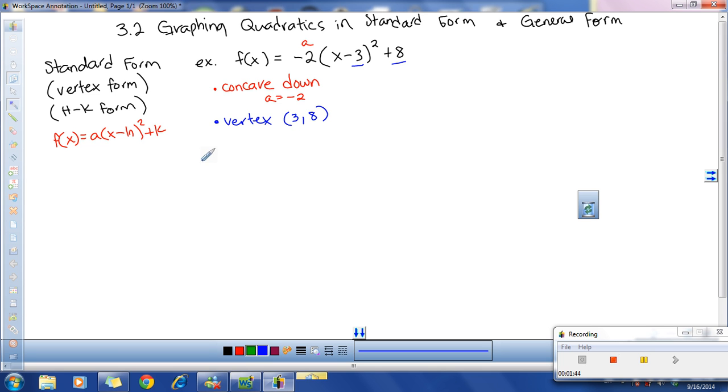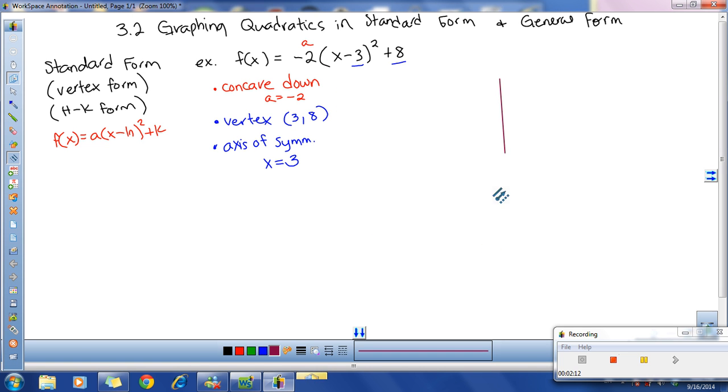And then my axis of symmetry, which comes in the form x equals something, x equals h, so x equals 3. Okay, and when I graph this, I want to use transformations.